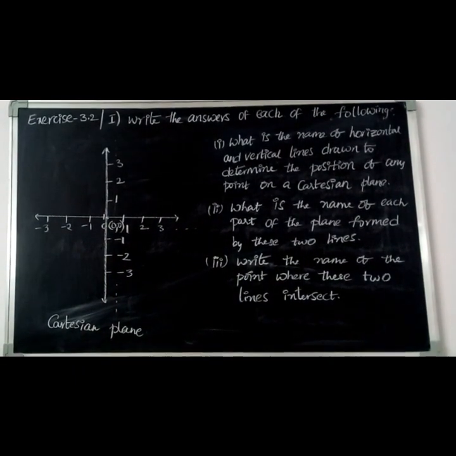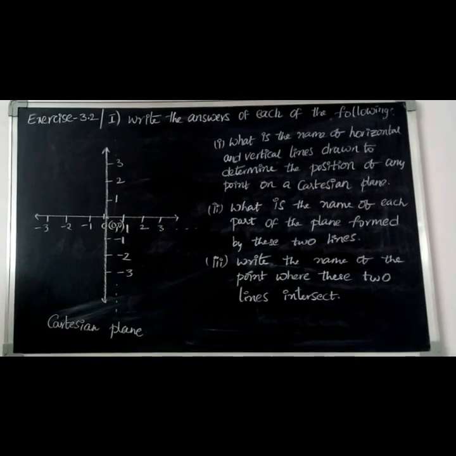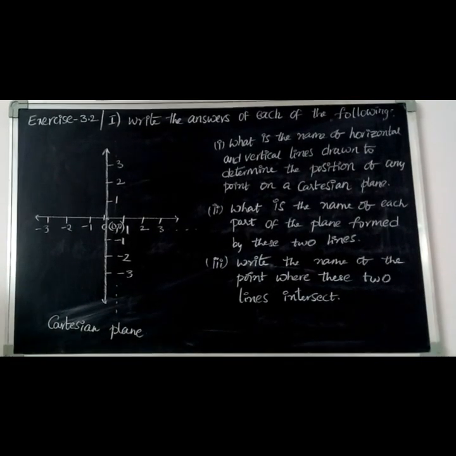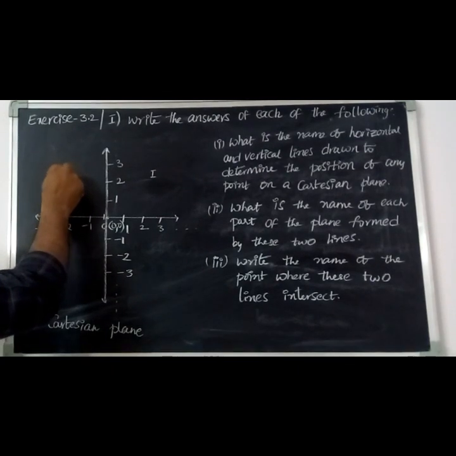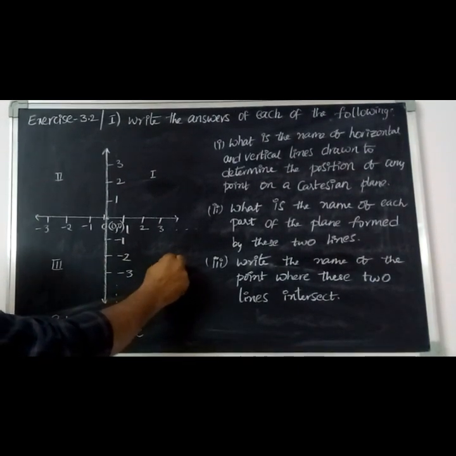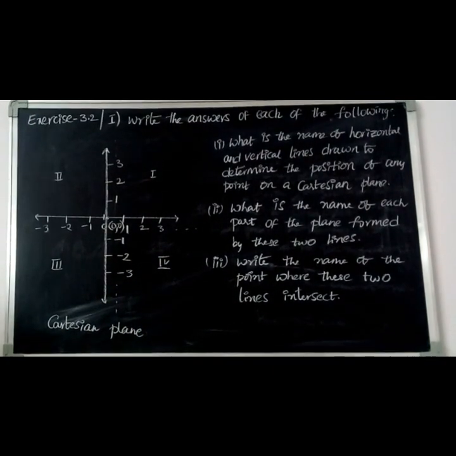So this is called a Cartesian plane. When we observe clearly, these two number lines divide the total plane into 4 parts. This is part 1, this is part 2, this is part 3, and this is part 4. These 4 parts are formed by these two number lines.